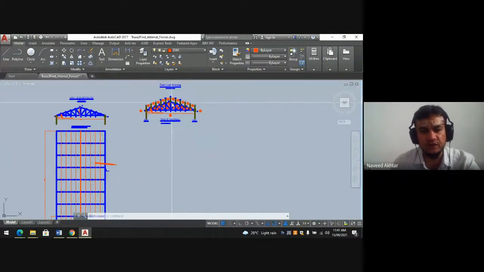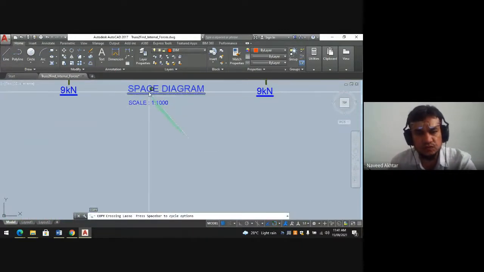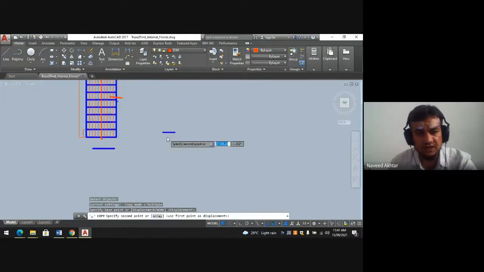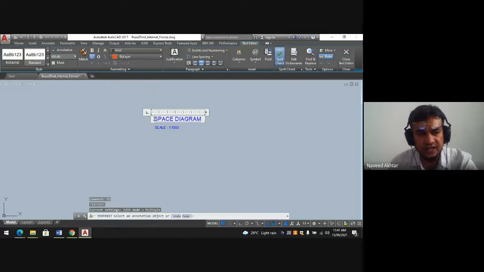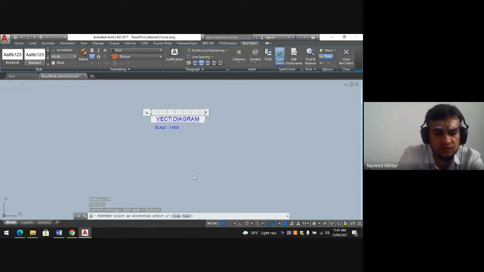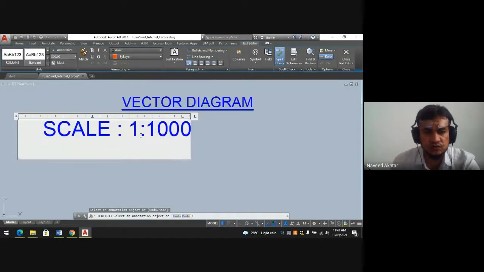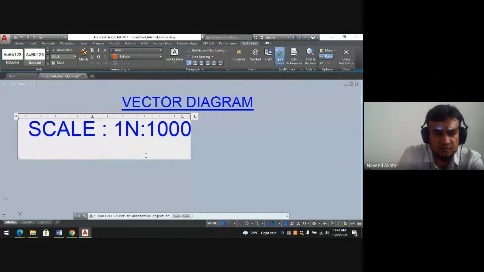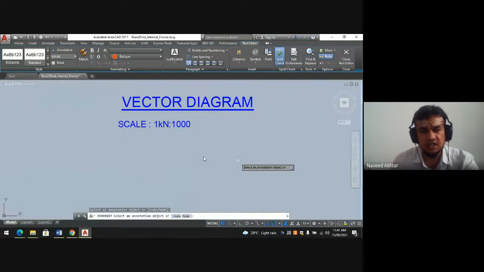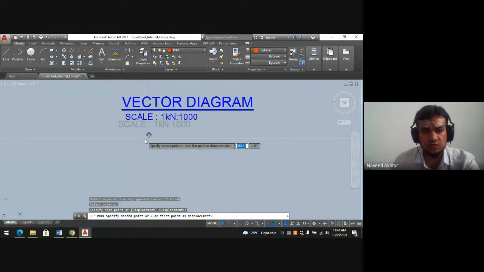Now we will take a scale here for the vector diagram. So we will draw a vector diagram. I will copy this. I will write here: vector diagram. Which diagram? Vector diagram. And the scale I will take: 1 kilonewton is equal to 1000 mm.